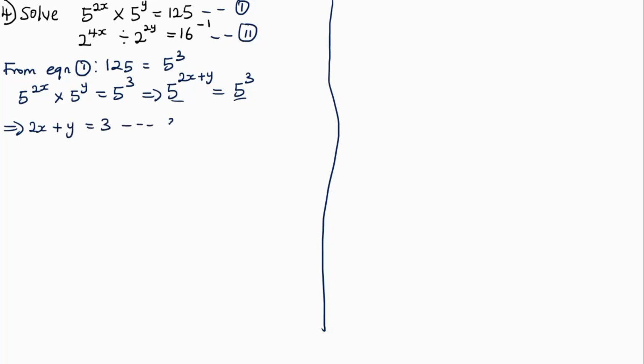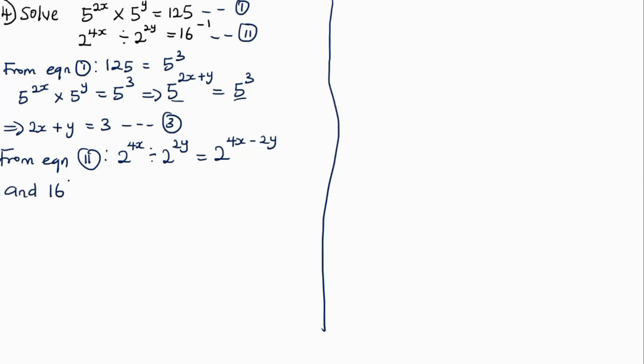We're going to name this equation 3. Alright, then from equation 2, 2 raised to the power of 4x divided by 2 raised to the power of 2y can be written as 2 raised to the power of 4x minus 2y following the division rule, and 16 to the negative 1 can be written as 1 over 16.